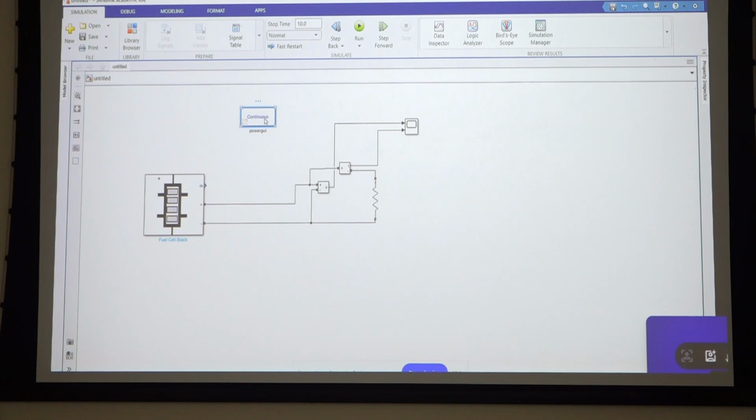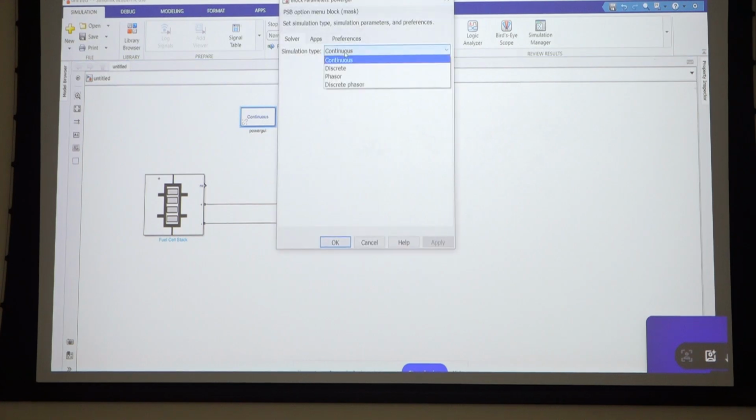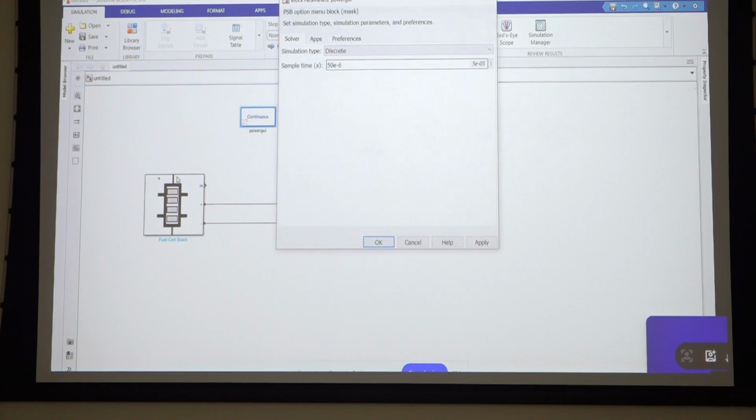So for example, if we change it from continuous to discrete, these are the sample times, that means it's based on iterations as solutions. From one time step to another time step, it takes your defined value.